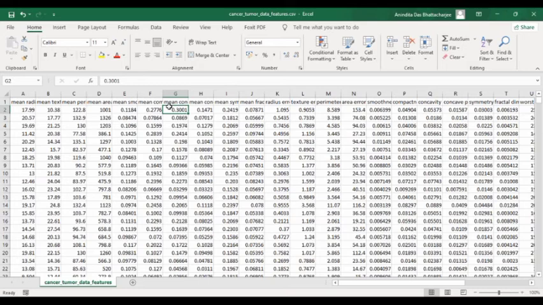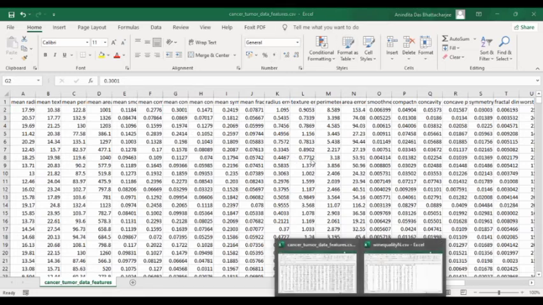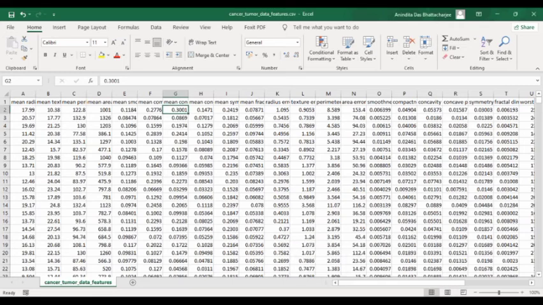So my request is, for whatever machine learning models I have discussed so far, and for which I have provided some algorithms and some coding, today I am going to share with you two data sets, this cancer tumor data set and this wine data set, and I will share the CSV files with you.